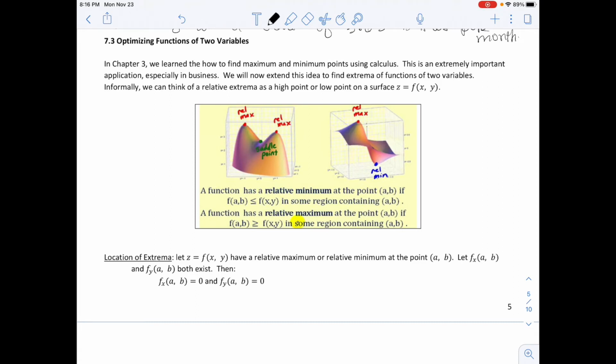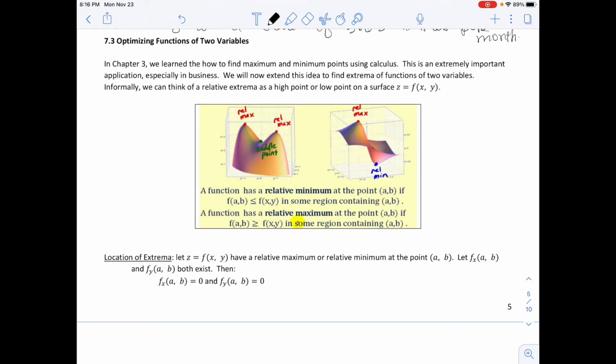Informally, we can think of relative extrema as high points and low points on a surface z equals f of x comma y. So we're not getting into the graphing aspect of this, but you can see that in those pictures where you would have those relative maximums and relative minimums.